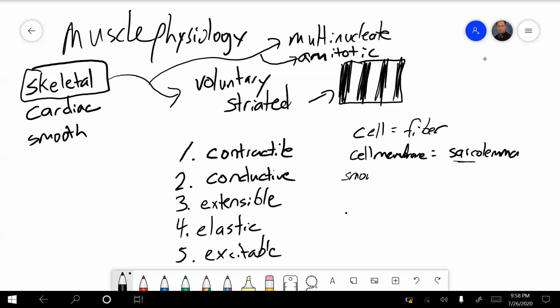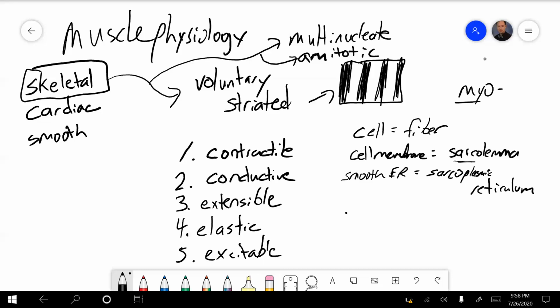The smooth endoplasmic reticulum is called the sarcoplasmic reticulum. And the function for the smooth ER here is a bit different than we see in other cells. We'll discuss the sarcoplasmic reticulum and that function in just a second. You get the point here. Anytime we see muscle, we'll either have sarco as a prefix. The other prefix that indicates muscle is myo. Myo always means muscle as well.